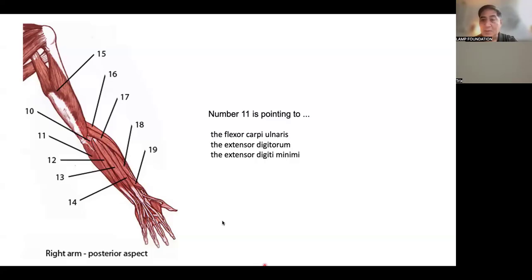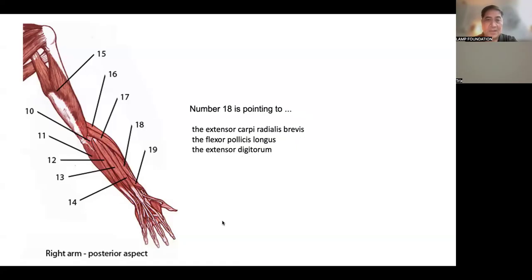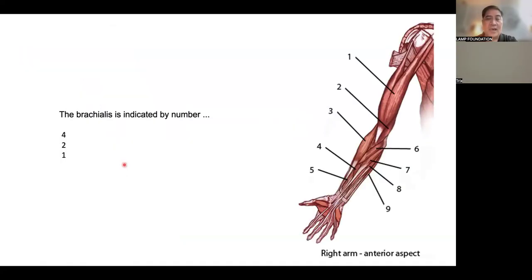So from the name, you would know that it flexes the wrist on the ulnar side. Number 18 is the extensor carpi radialis brevis. Okay, brevis means short. The brachialis is indicated by what number? Number 2.